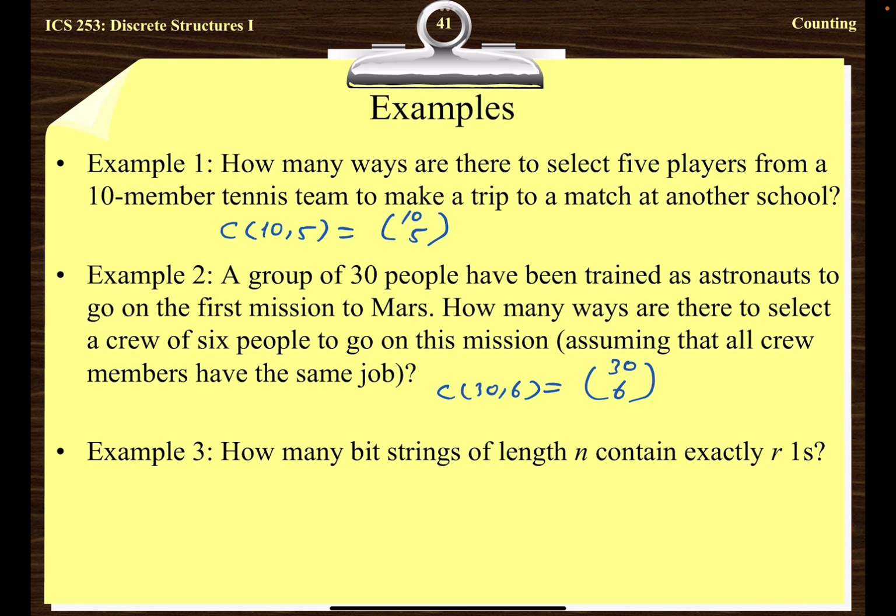We want to choose r ones, and the order does not matter. We just want the number to be r. So basically, we would like to choose r positions from the available n positions.